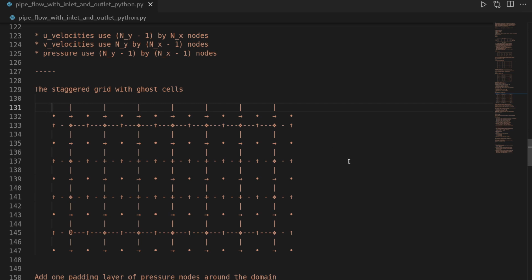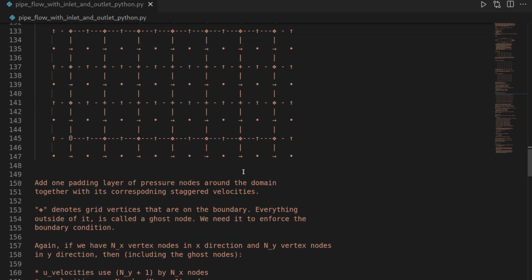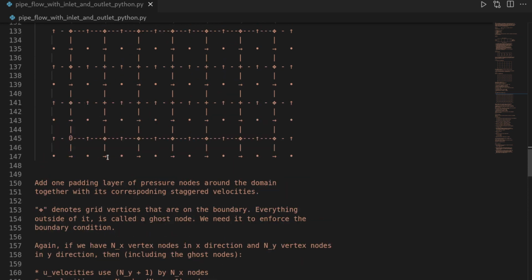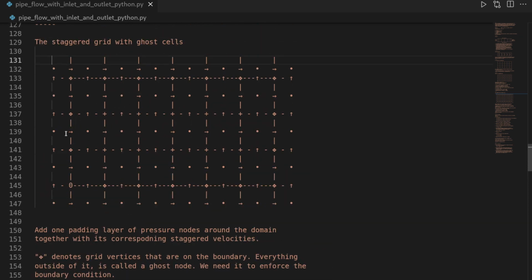And now the big catch is that this also changes the size of the arrays that we save, because we now allocate arrays for u, v, and p that contain all these degrees of freedom. So in other words, we now have u velocities that take an array of ny plus 1 by nx. So we can also look at that. Let me mark that here. So we have 1, 2, 3, 4, 5.